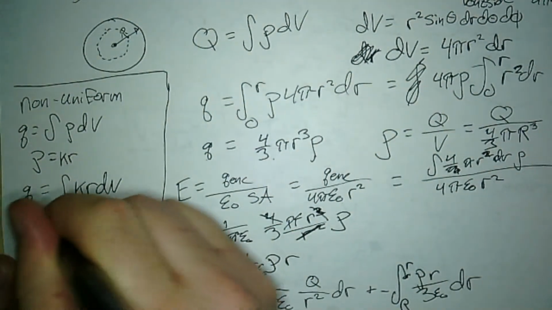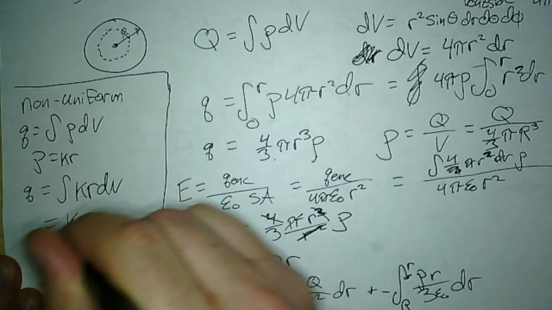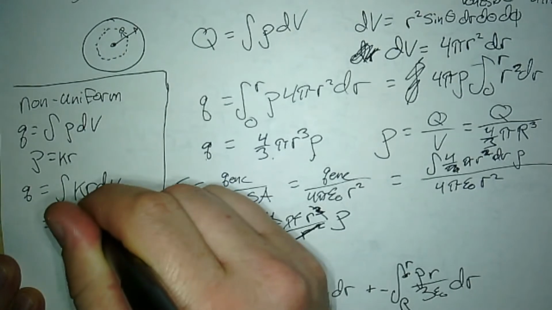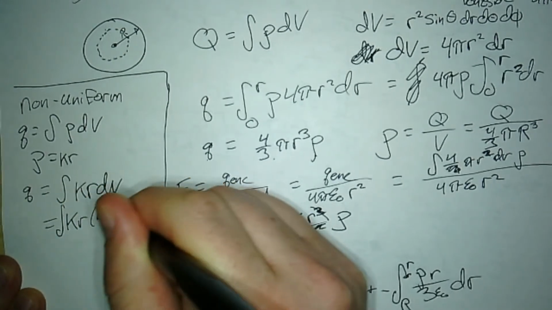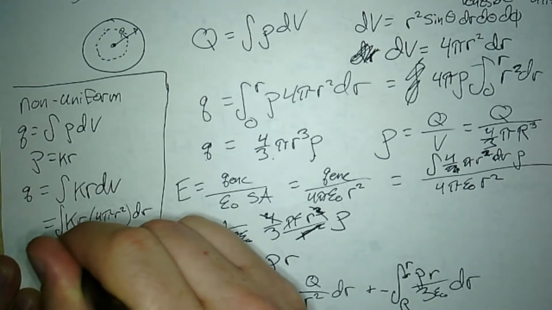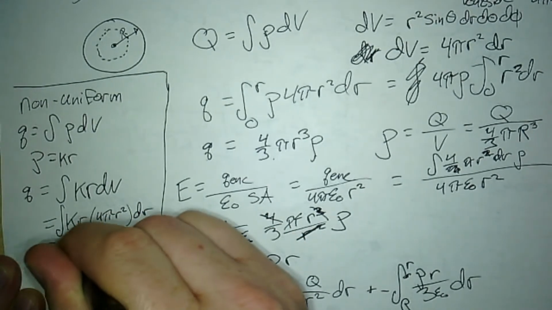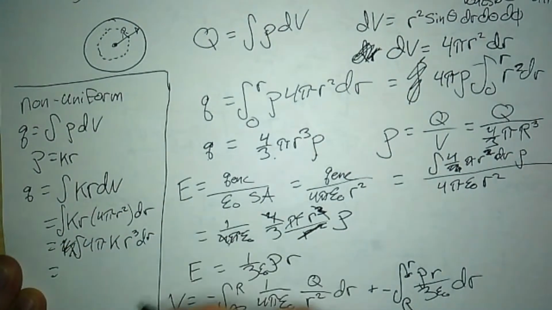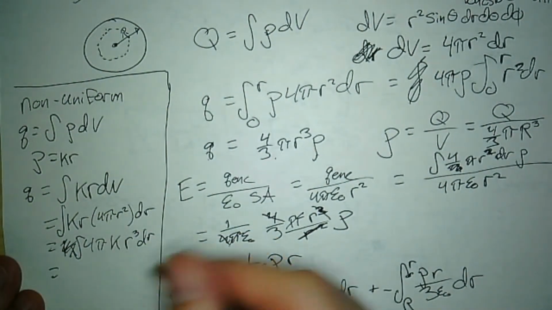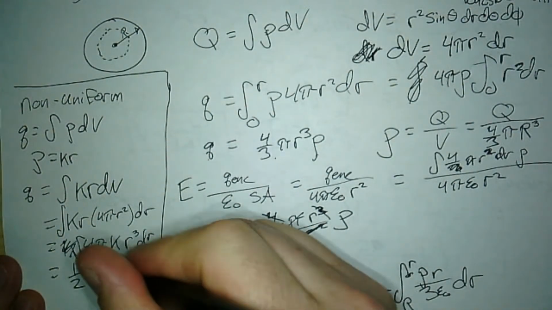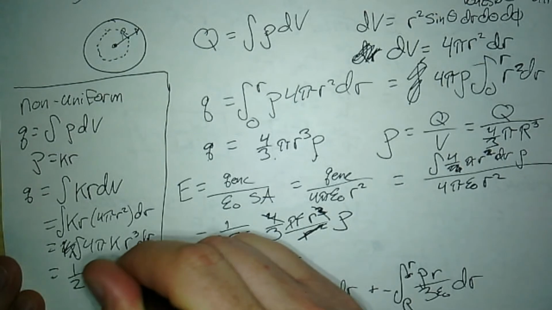I'm going to plug in for dv, so I get kr times 4 pi r squared dr. So this is going to be 4 pi k r cubed dr, and my q term will end up being 1 over 2 pi k r to the fourth.